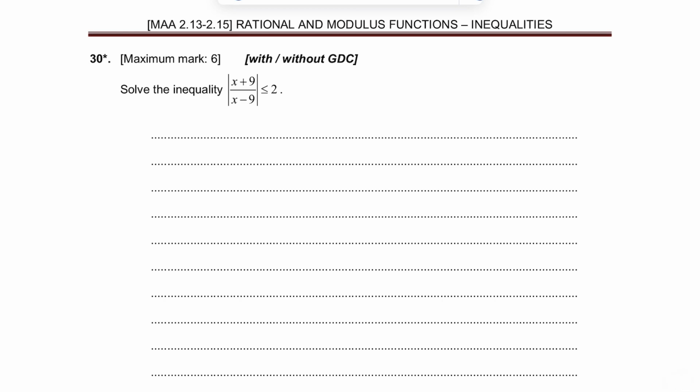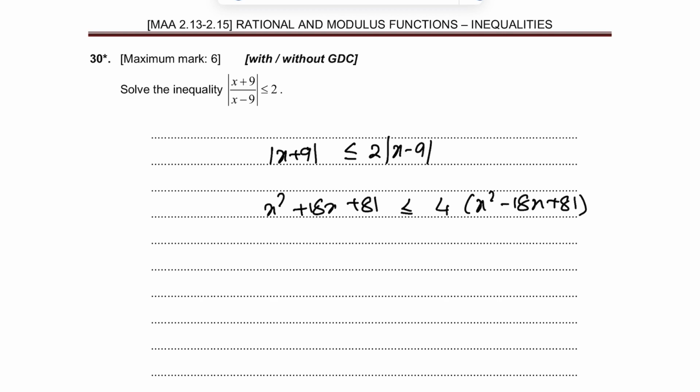Question number 30. So absolute value of x plus 9 is less than or equal to 2 times absolute value of x minus 9. Squaring on both sides, x square plus 18x plus 81 is less than or equal to 4 times x square minus 18x plus 81.